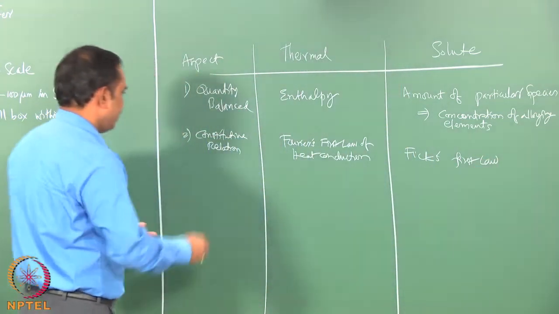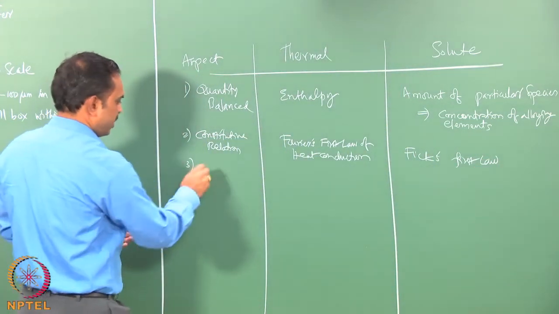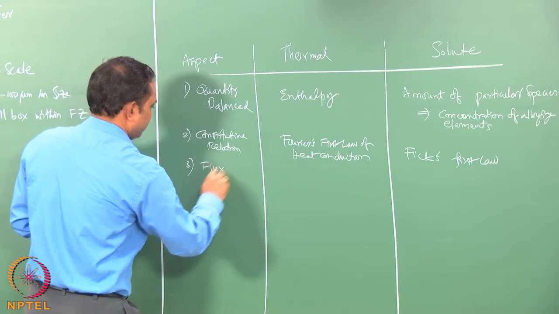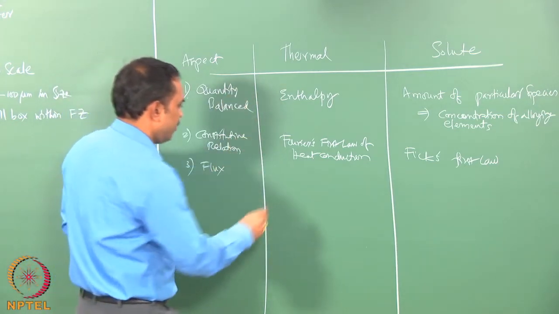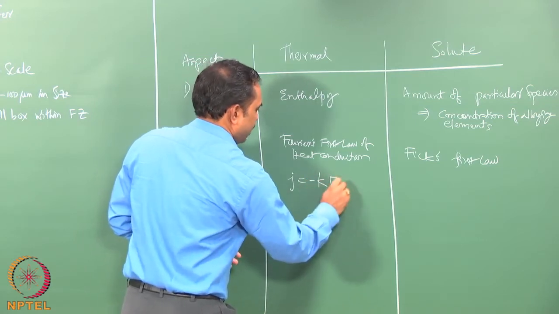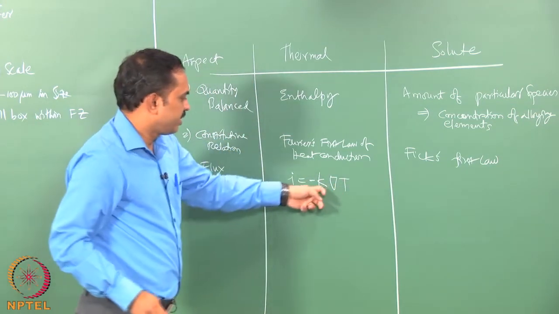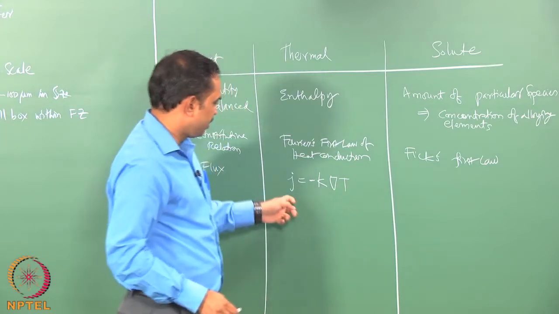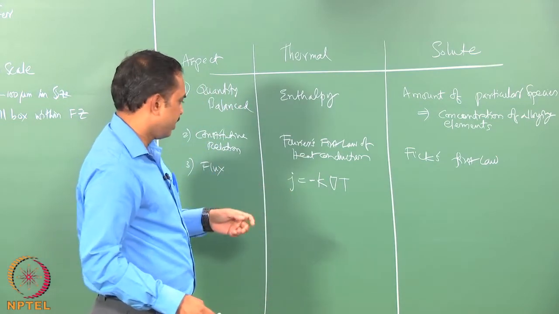Okay. And how would the expression be for the flux? In the case of thermal we write the flux as J is minus K into grad T, so that K is thermal conductivity, and the gradient of temperature gives rise to the heat flux.